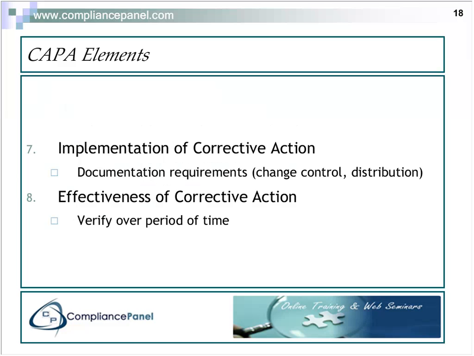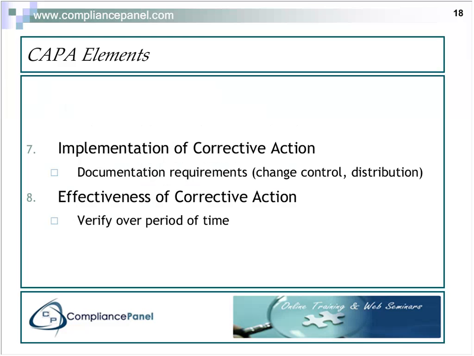The last two CAPA elements are implementation of corrective action. Now that you know that your corrective action is going to work and fix the problem, you need to change whatever drawings or procedures you need to change.